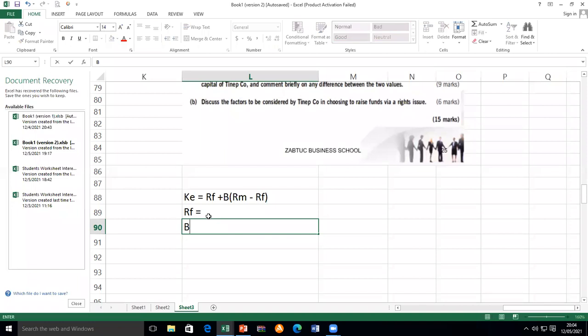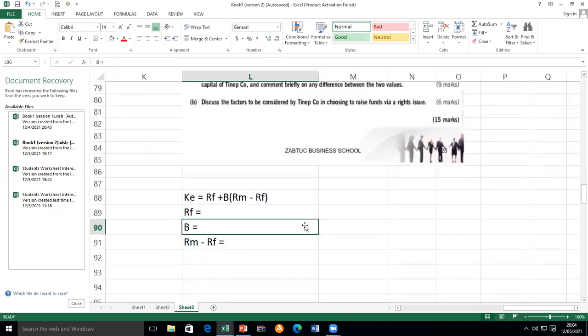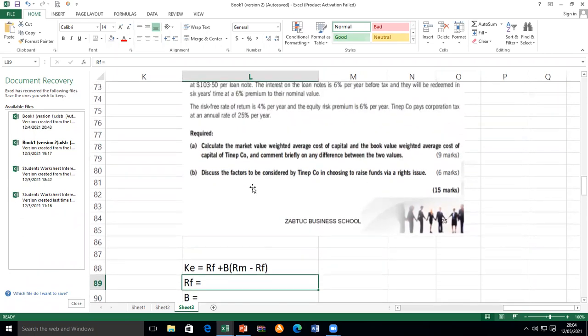What is a beta? What is a premium? Let's fill in the values.